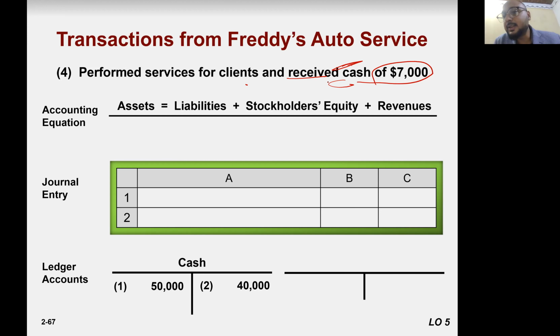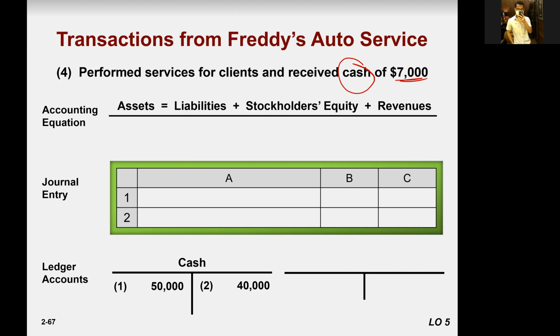Perform services and receive cash. Cash. The second one, accounts receivable? No, because we receive cash. Service revenue. Revenue increase and our cash also increases.